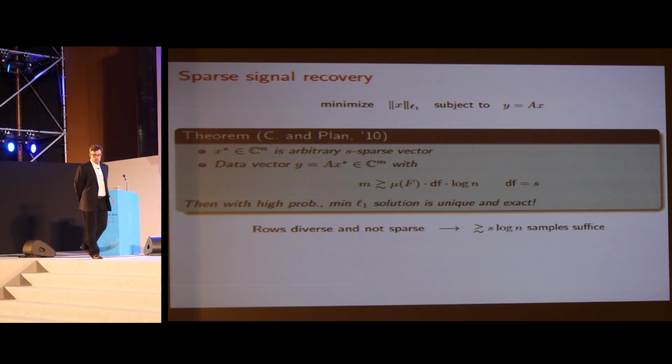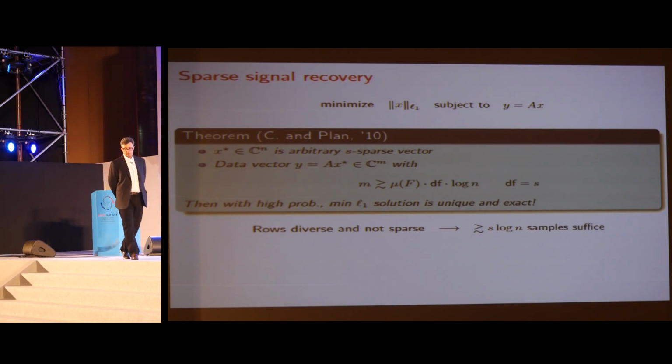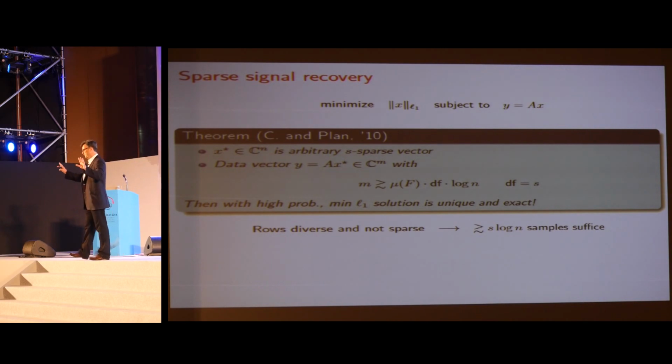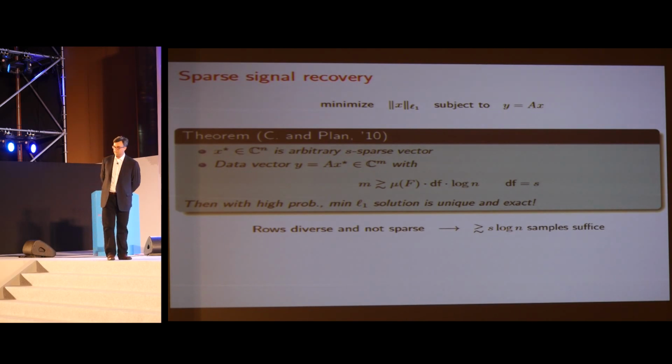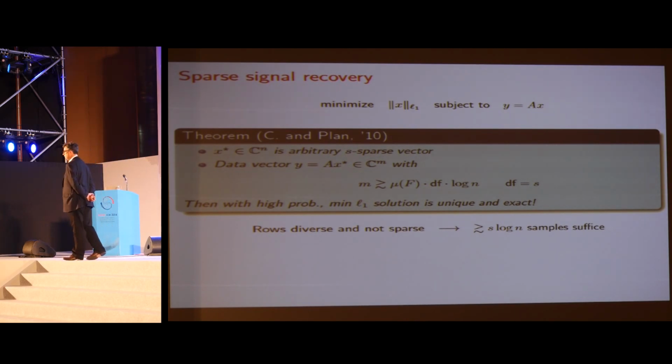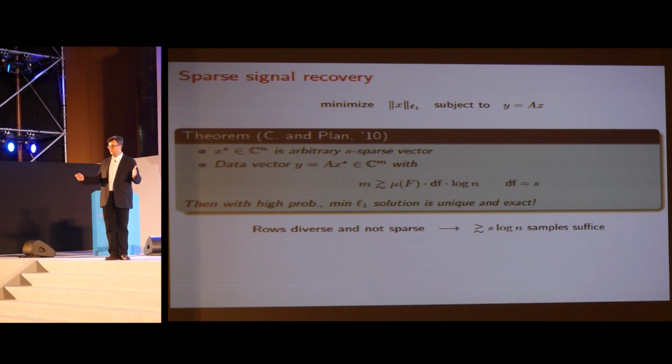Then, if you make sure that the number of equations is greater than the coherence times the number of degrees of freedom, which is here the number of non-zero coefficients, times a log factor, then we have this kind of miracle, if I can call it that: the solution to your L1 minimization problem is completely exact. It has a unique solution, and it recovers the sparse solution exactly. So what you thought was combinatorially hard is not, and can be solved by linear programming techniques.